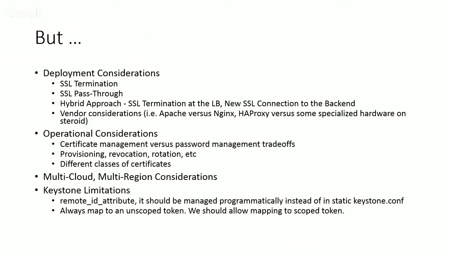We think those remote IDs should be managed programmatically instead of sticking them in a static config file, because to be able to create a service provider, we should not have to reconfigure Keystone at all. It's static. And currently, with federation, the mapping can only map you to an unscoped token. Ideally, we want the mapping to be flexible enough to also map you to a scoped token.